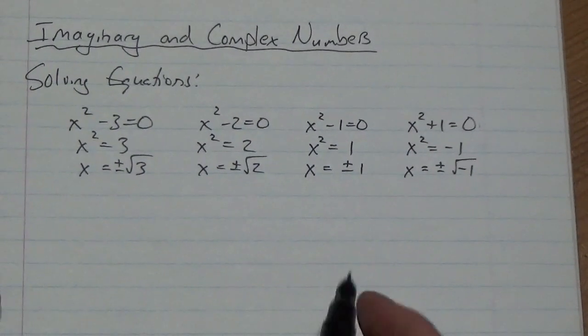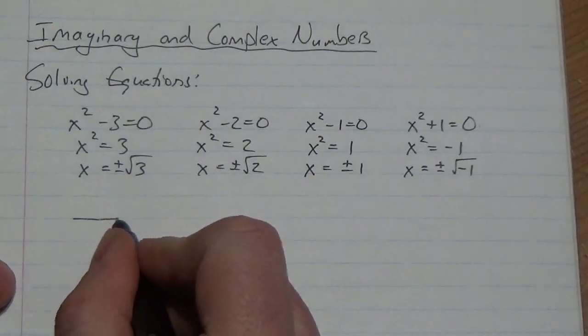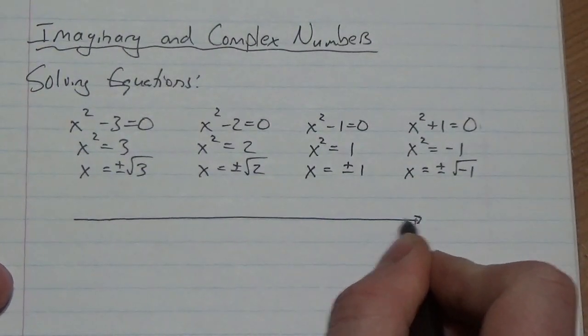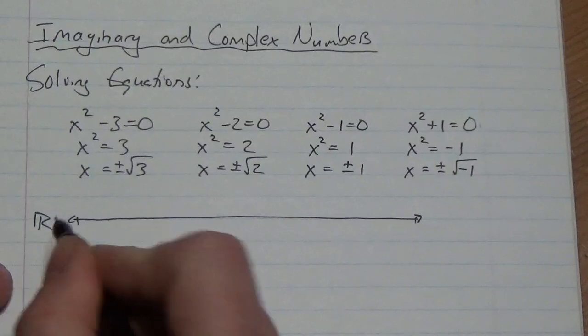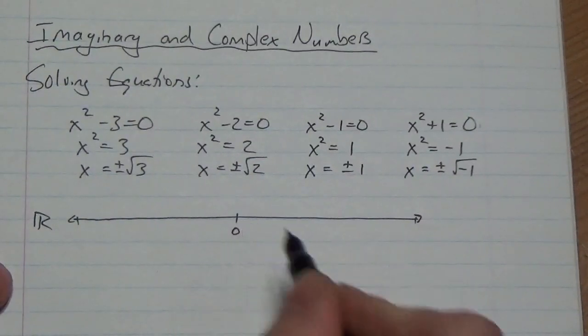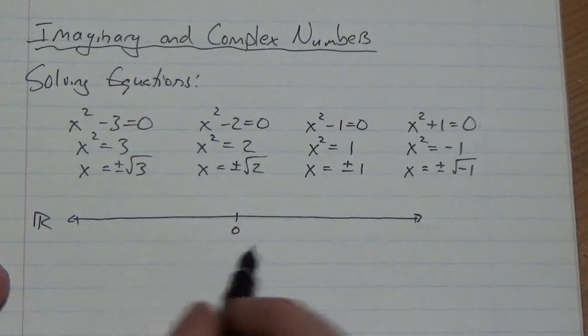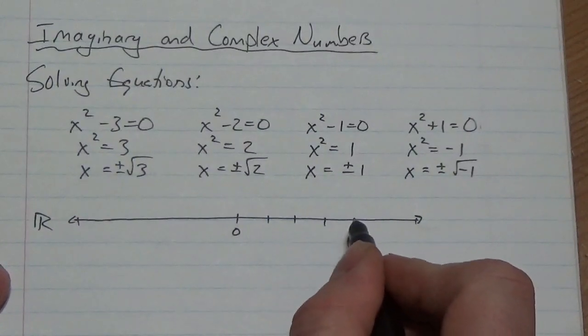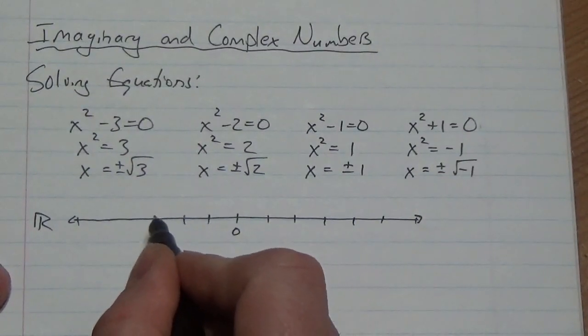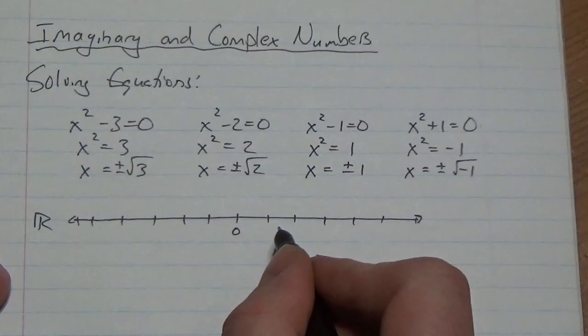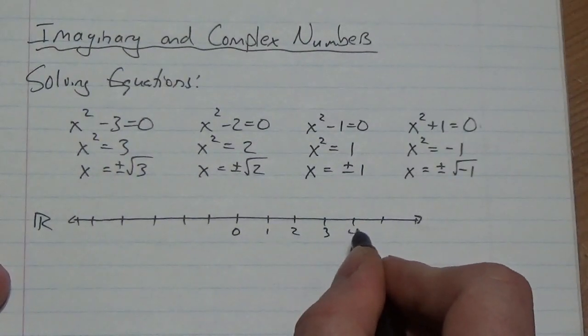What I mean by that is we can take a look at the number line. This is going to be our real number line. I put my 0 here, and then I just count out my numbers. Everybody's familiar with this; you learned about the number line way back when.